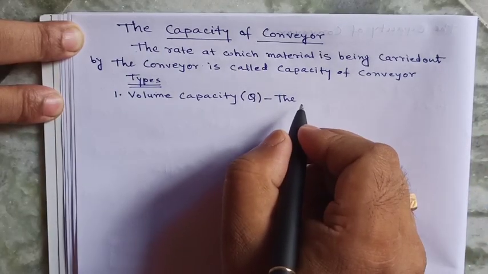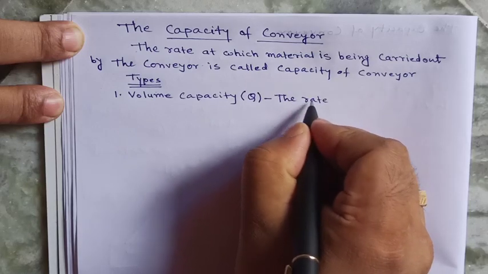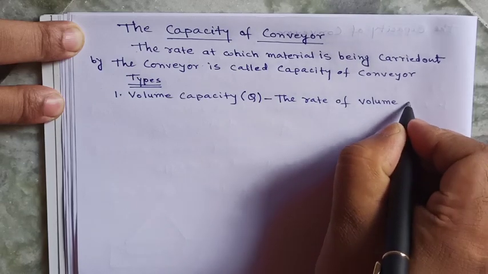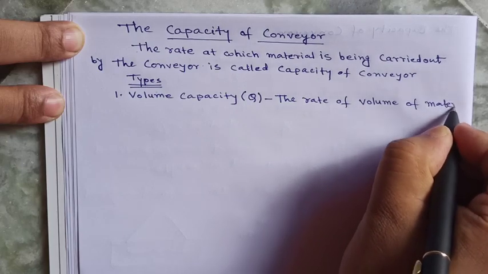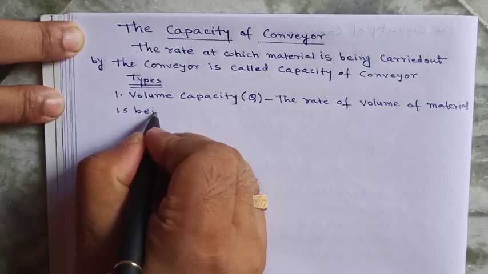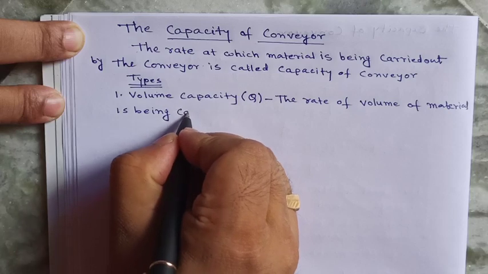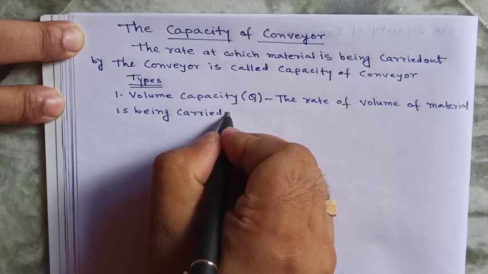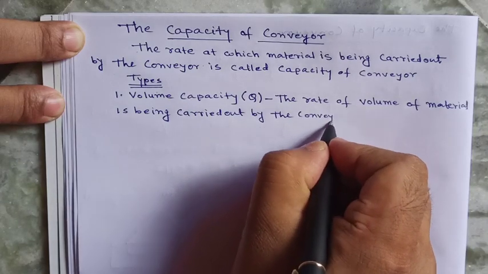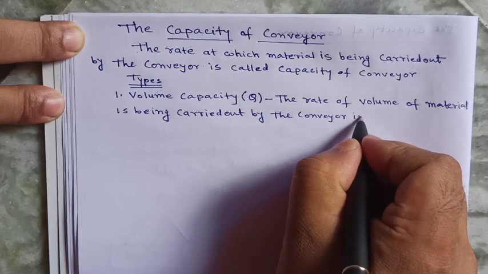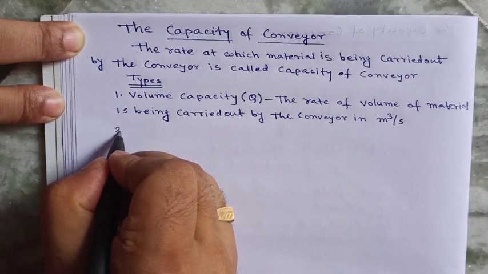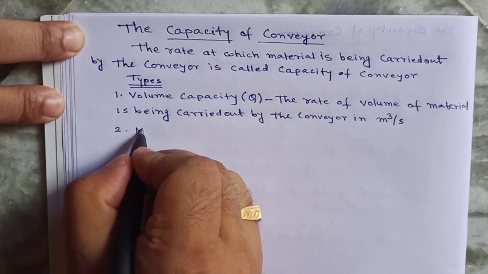So the rate of volume of material being carried out by the conveyor in meter cube per second.